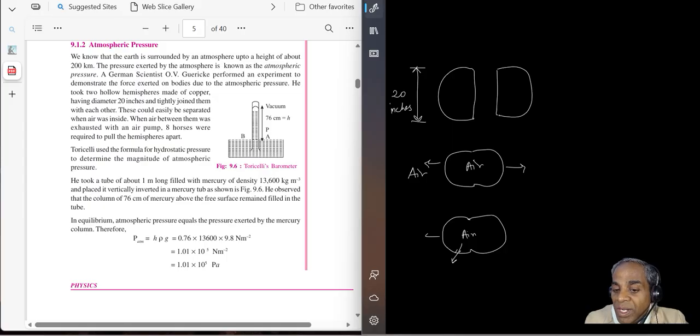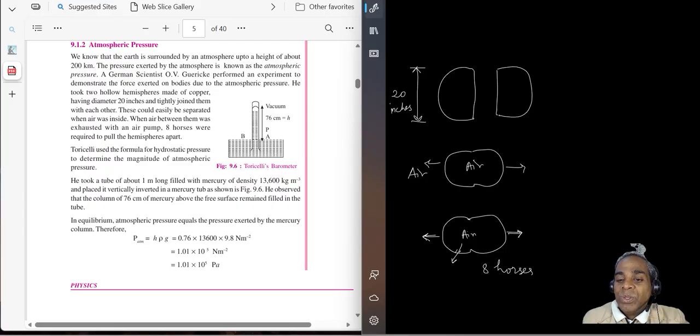Now, when he tried to separate these two hemispheres, it was very difficult for him. And ultimately, he succeeded only when he used the help of 8 horses, 4 horses on the right side, 4 horses on the left side, trying to pull. So, that much energy was required to separate the hemispheres once the air inside the hollow enclosure was removed.